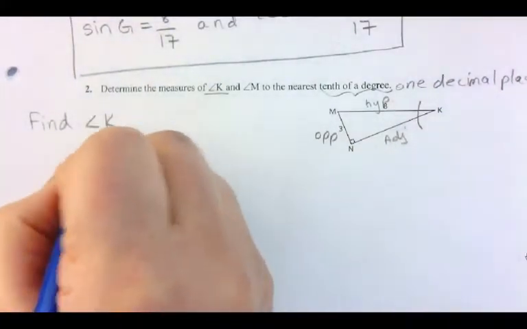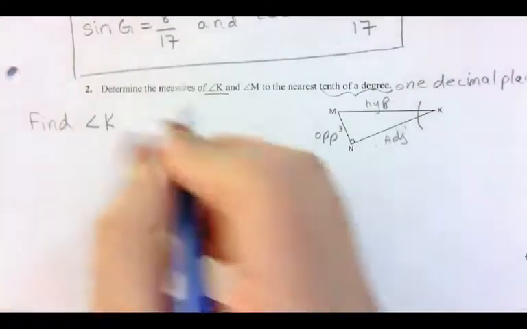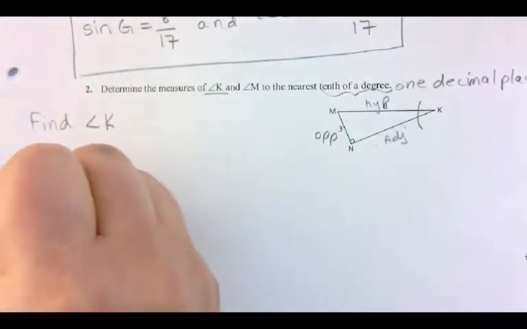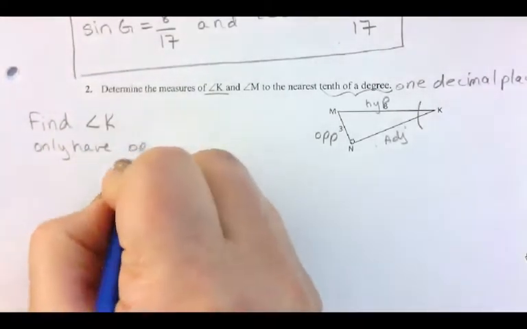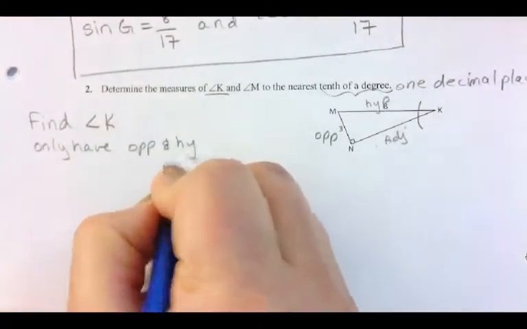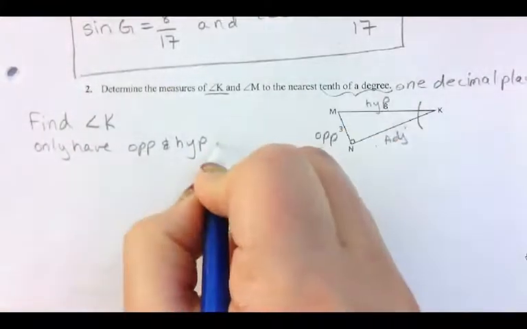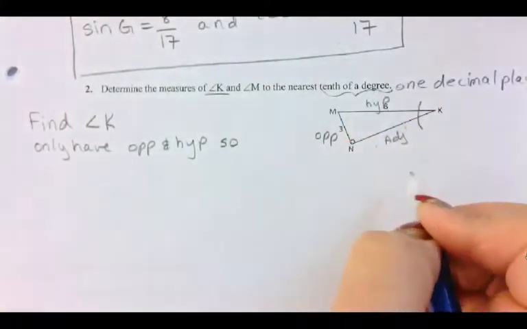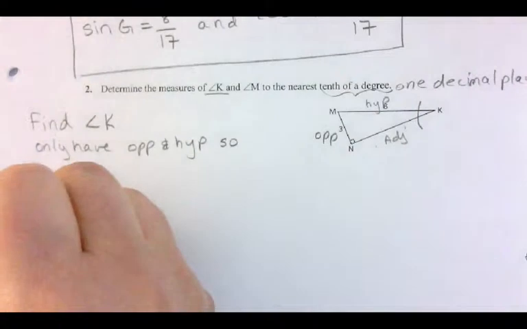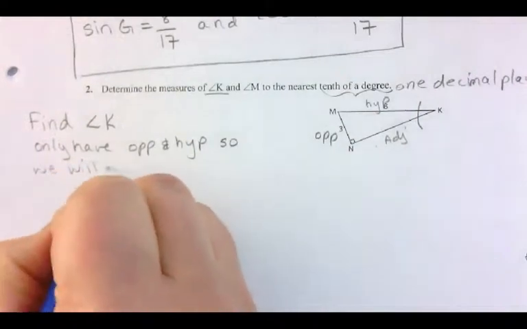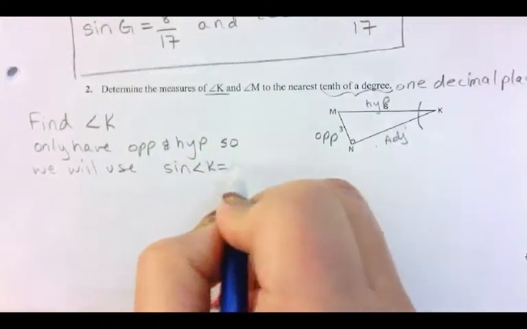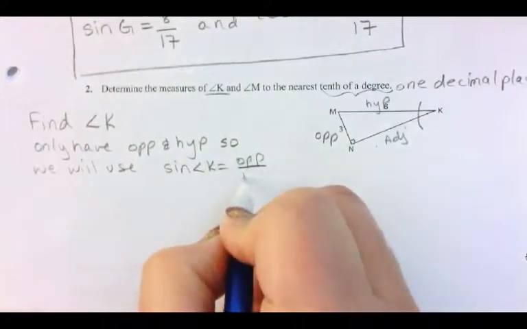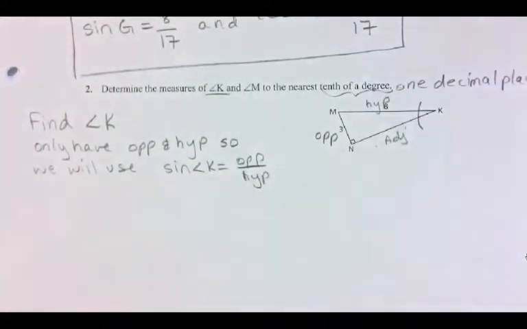So in order to find angle K, we have opposite and hypotenuse. So which trig ratio are we going to use? We will use sine angle K equals opposite over hypotenuse. So that's how we decide which trig ratio to use.